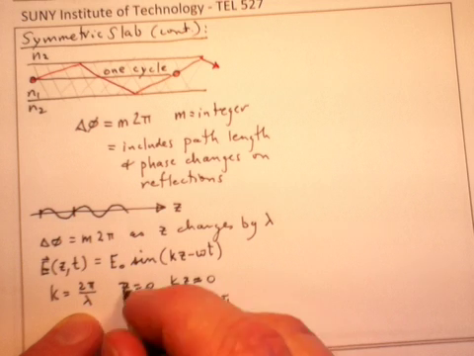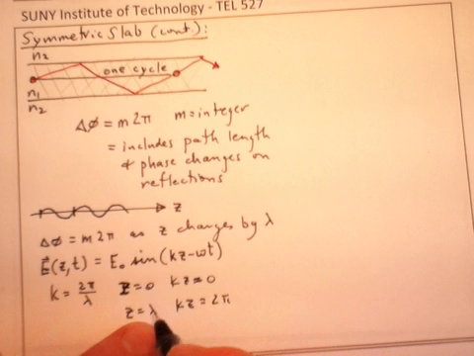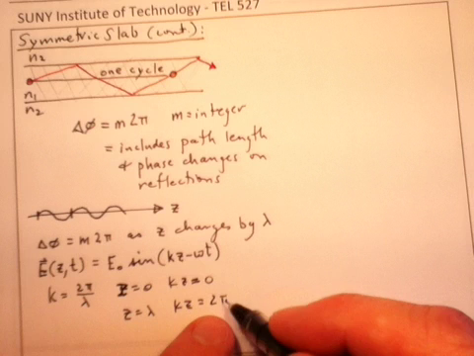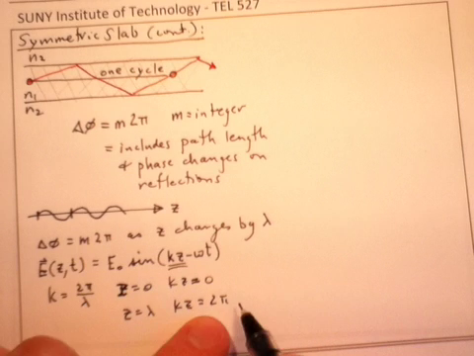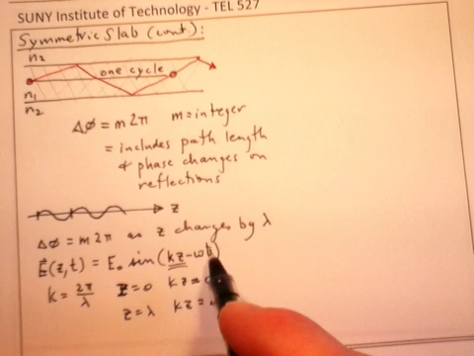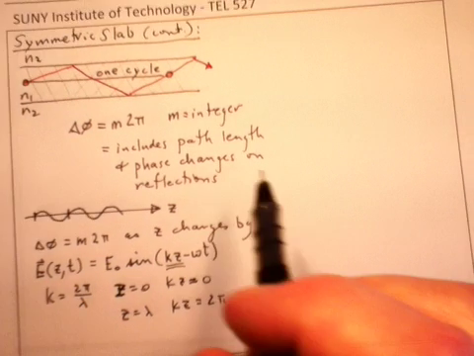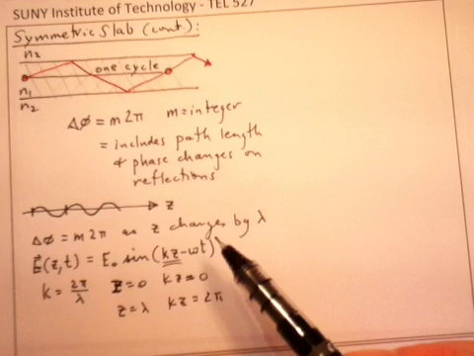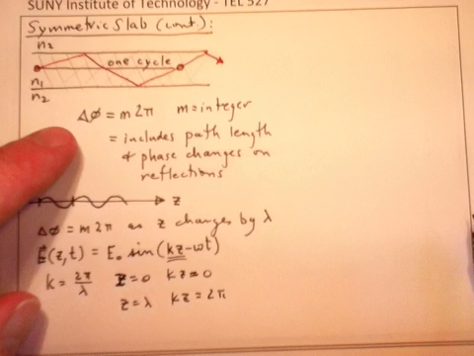So you can see that advancing in the z direction by a distance of lambda has advanced kz, which is the phase of this sine wave, by 2 pi. Anything inside here is the phase. So the phase advances in space and time. This is called the phase matching condition.